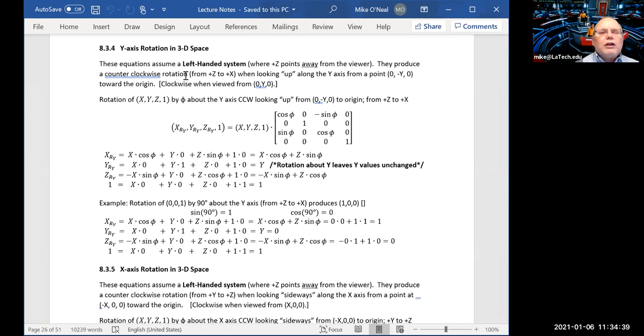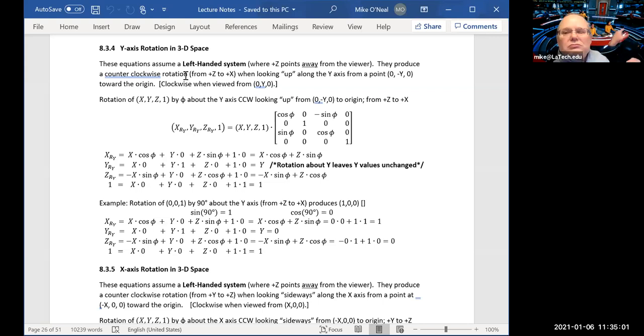So we're doing here now a y-axis rotation. A y-axis rotation will appear counterclockwise when you are looking up along the y-axis. Y is the vertical axis.